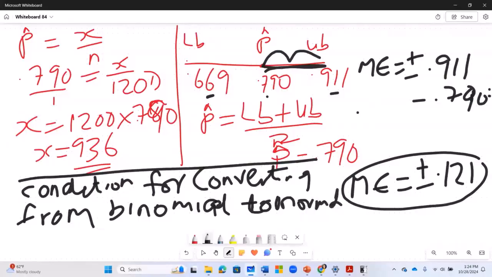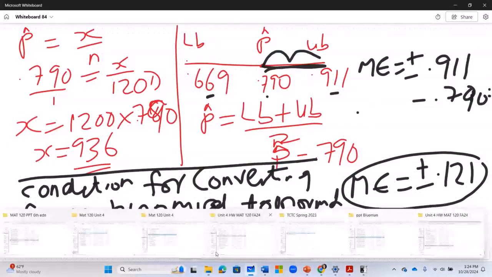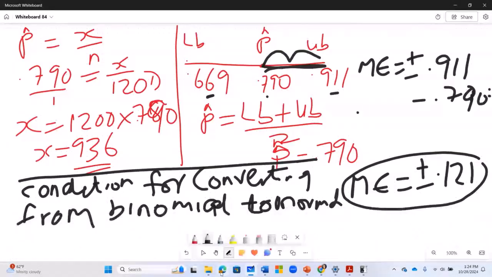The first condition is that the variance must be greater than or equal to 10.